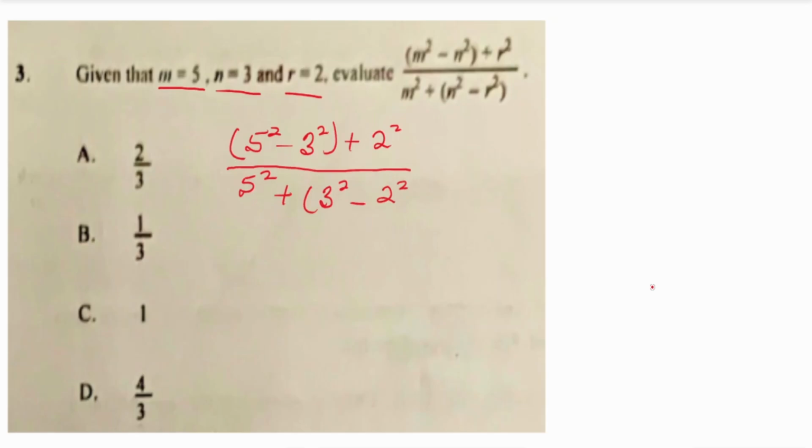So going straight to the question, I'm going to have parentheses m is 5, so 5 squared minus 3 squared, then all of this plus 2 squared, which is r squared, then the whole of that over 5 squared plus parentheses 3 squared minus 2 squared.